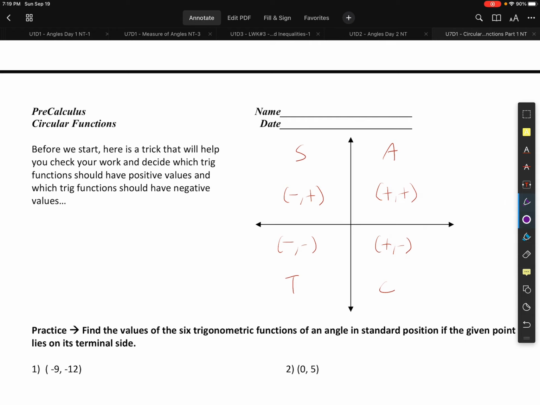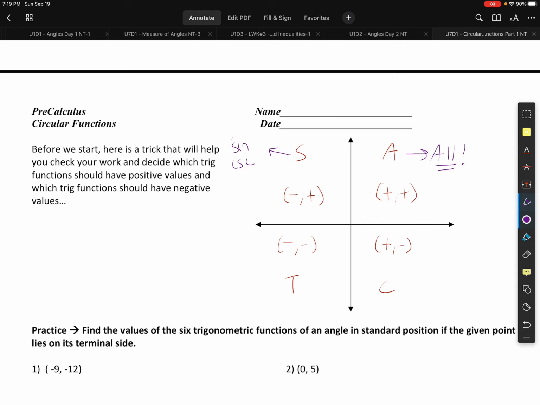These letters are telling us which trig functions are positive in which quadrant. So in the first quadrant, all trig functions are positive, every single trig function is positive because x and y are both positive. In the second quadrant, sine and cosecant are positive.